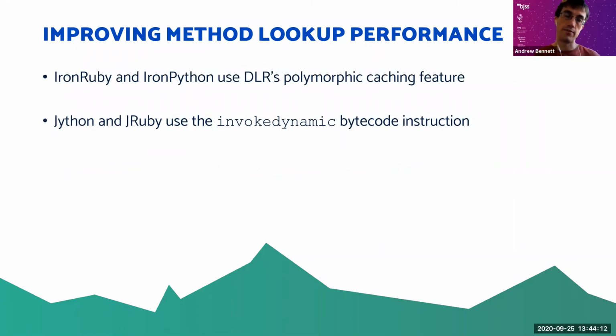The other problem we have here is caching. So obviously when you call up a method, its location might change during the lifetime of the program. You might redefine it, for example. So we need a way of working out at what point in time where the method is. IronRuby and IronPython use this thing called the polymorphic caching feature. What you do is for every method that you hit, you assign a function that can dynamically change.